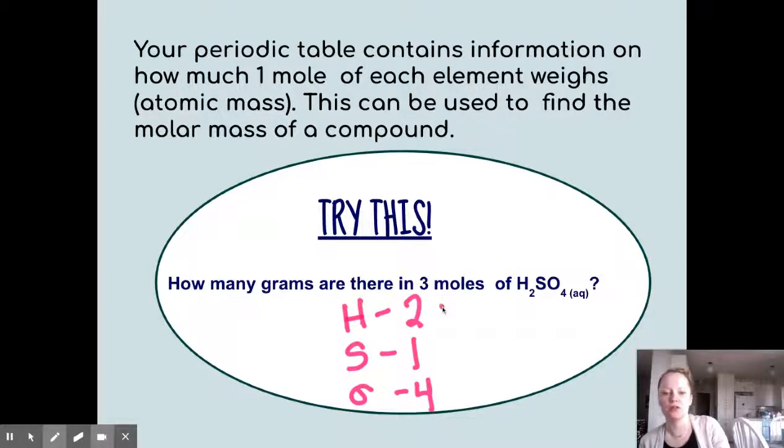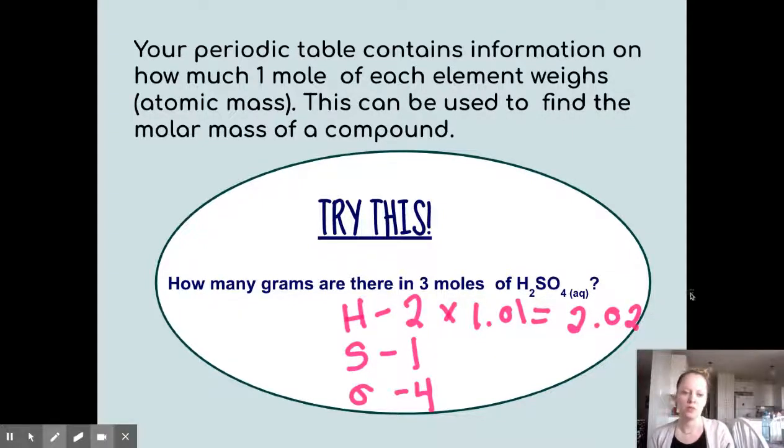Well, if I was to look up the molar mass of 1 hydrogen on my periodic table, I should find it to be 1.01. Okay? So in sulfuric acid, there would be 2.02 grams per mole in that sulfuric acid.